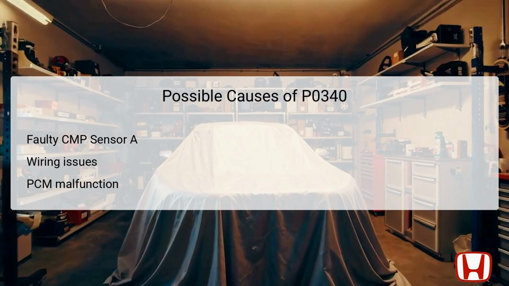Secondly, issues with related wiring can also be a culprit. Broken or shorted wires in the sensor circuit can prevent data transmission to the PCM. Lastly, while less common, a malfunctioning powertrain control module could misinterpret inputs or fail to process them entirely. Understanding these possible causes helps narrow down the problem, enabling an efficient testing strategy.